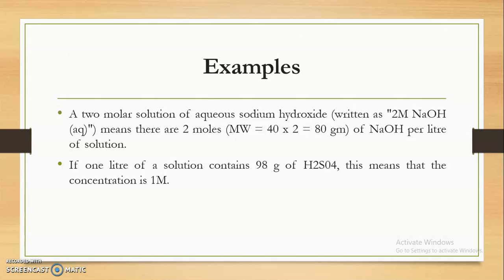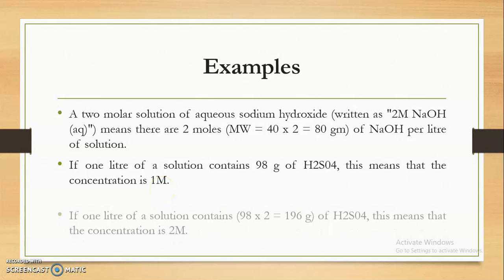If 1 liter of solution contains 98 gram of H2SO4, this means that the concentration is 1 mole or 1 molar. How? Because if we calculate the molecular weight of H2SO4, it becomes 98. So if I take 98 gram of H2SO4 and dissolve it into 1 liter of solution, then it becomes 1 molar solution of H2SO4.